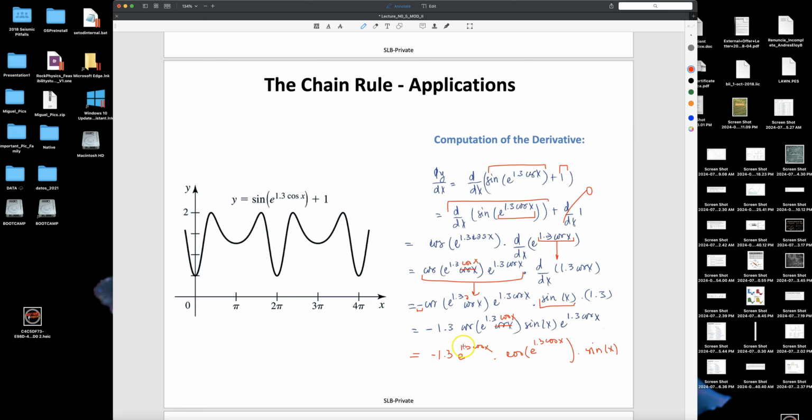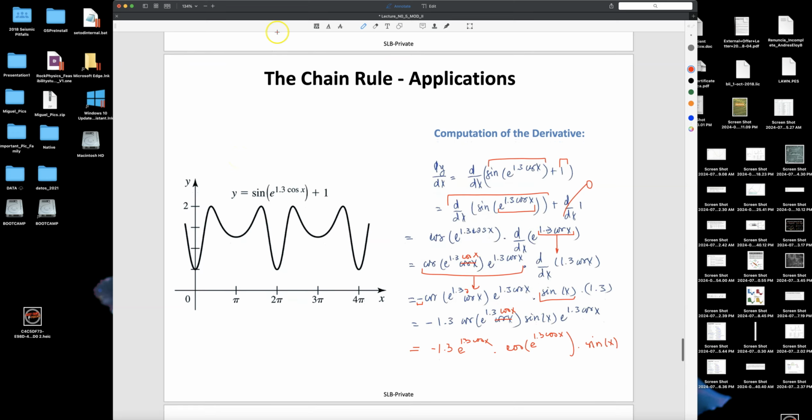And this is the result. This number here is 1.3. Okay, let me just make it clear to avoid any type of confusion. This is 1.3. Okay, and this is the result.